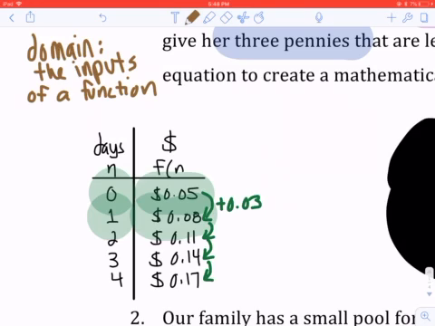So in this case, the input would be our days here. So if we wanted to represent this, basically days are going to be greater than 0 because you can't have negative days. So if you're asked, what's the domain of this function, you could say that n would be greater than or equal to 0. Because you can have 0 days, but you can't have negative days.